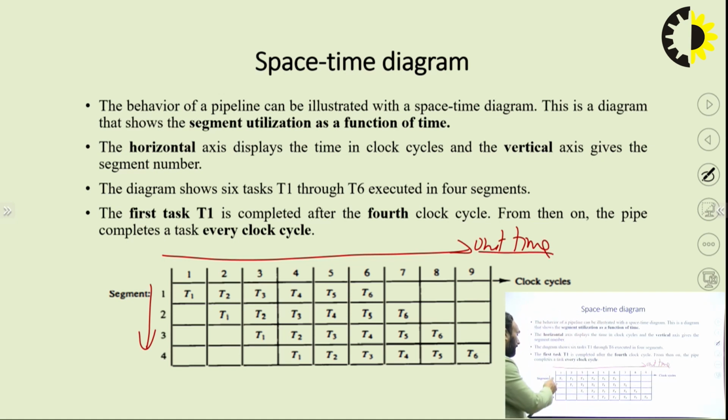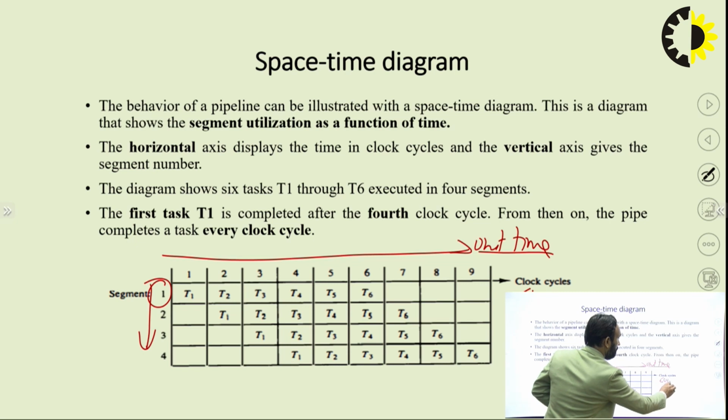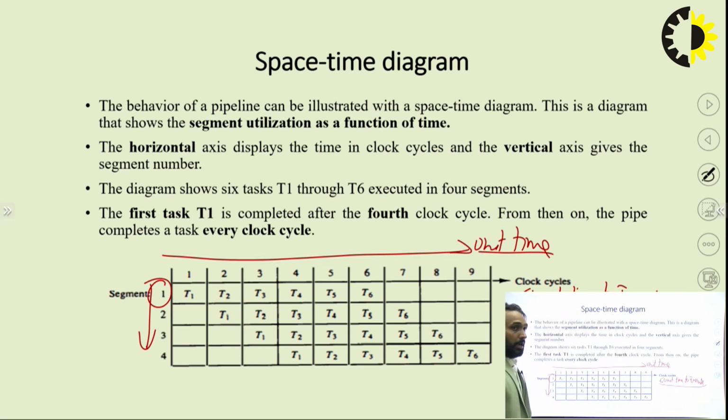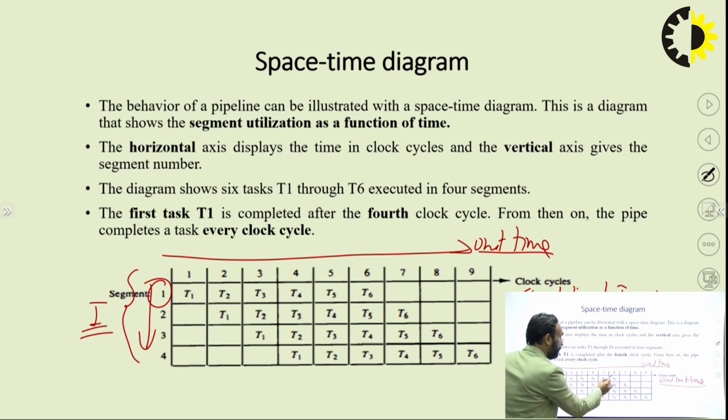For example, if a segment takes 6 unit time to execute, so how much time will it take, because a complete instruction here is broken into segments. So one instruction will take 6 unit time to execute in one segment. So how much time will it take to execute the whole instruction?